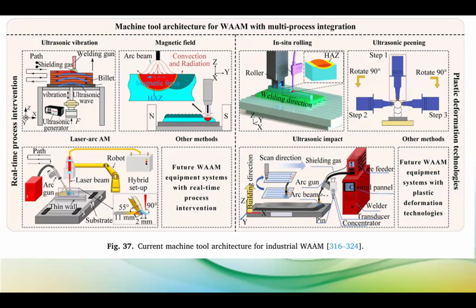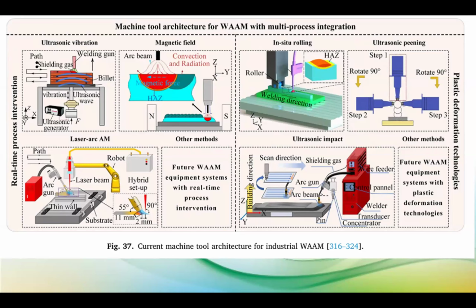But due to limitations of this welding arc, normally a wide bead width will be there. By applying a suitable mechanism, by applying a magnetic field, we can control the welding arc. By virtue of that, we can control the bead width. So the second advancement in this process is application of a magnetic field.